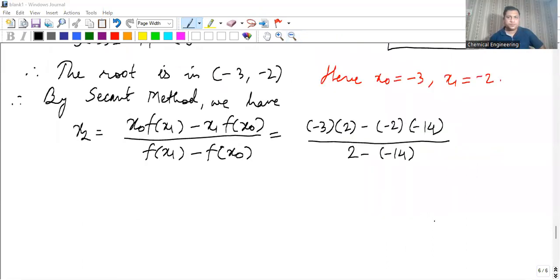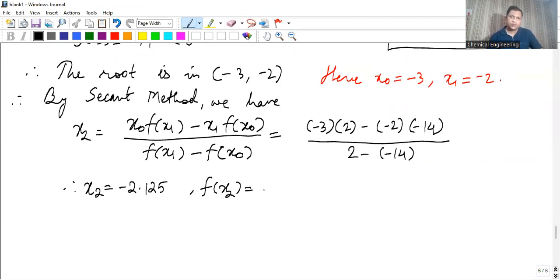Are you getting this? Yes, sir. Okay. So we can calculate the value of x2. What is the value of x2? Minus 2.125. Minus 2.125 is correct? Yes, sir. Okay. So we calculate what is the value of f of x2.